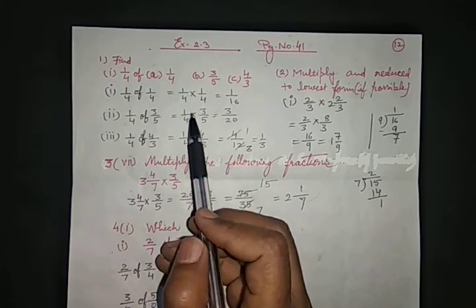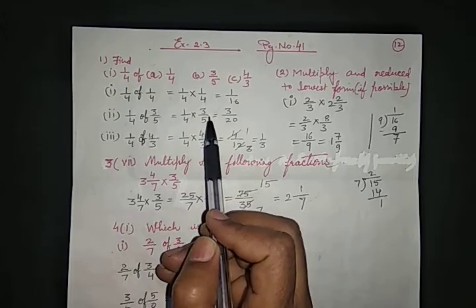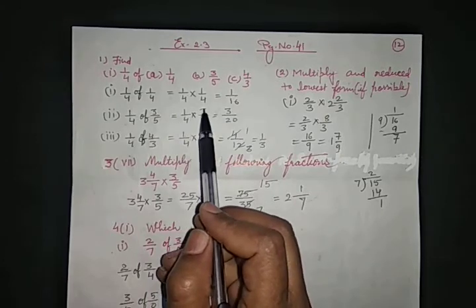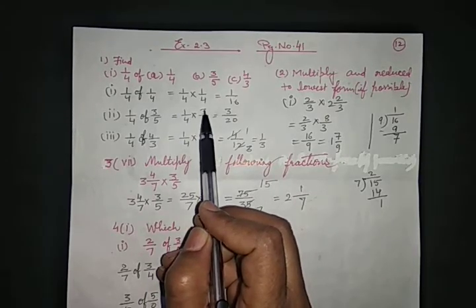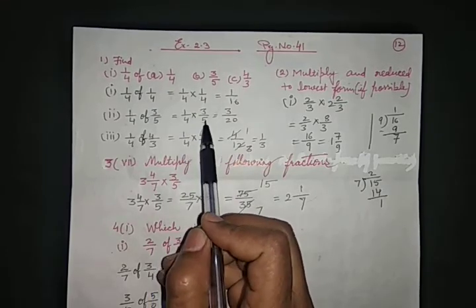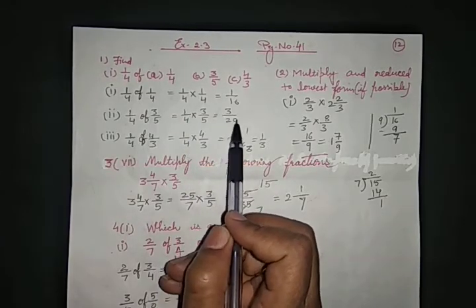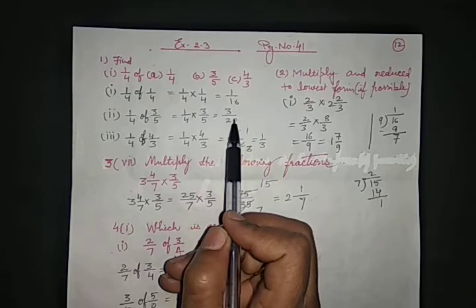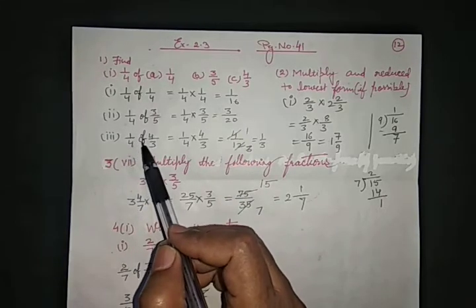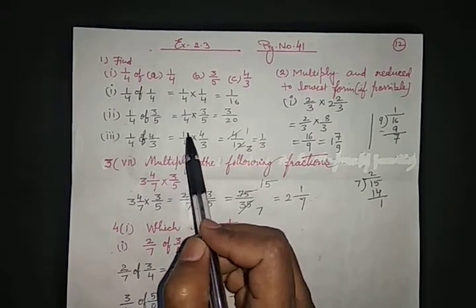In the same way, we will solve this part. 1 upon 4 multiplied by 3 upon 5 is equal to, we will multiply the numerator with the numerator of the second fraction. 1 into 3 is equal to 3, and the denominators we will multiply, 4 into 5, gives 3 upon 20.